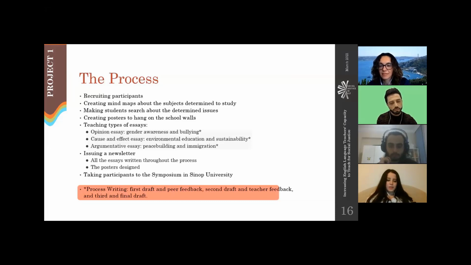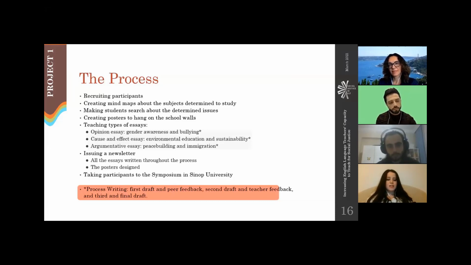And there were two objectives. In this stage, I was planning to teach three types of essays as a language-oriented objective: opinion essay, cause and effect essay, and argumentative essay.